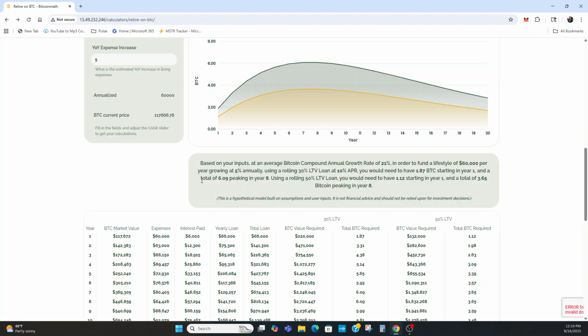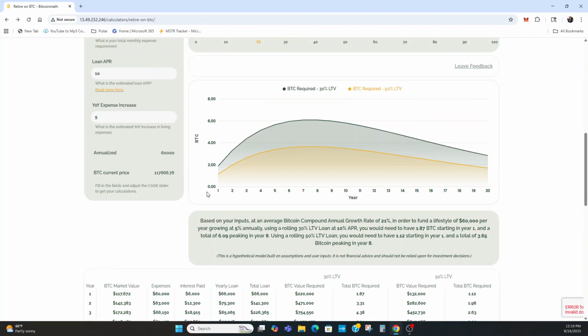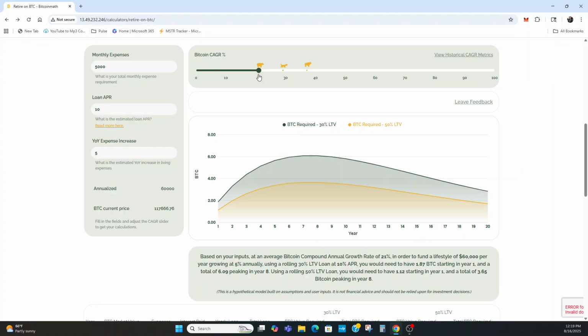And Bitcoin's compound annual growth means that your total amount of Bitcoin appreciates every year. So in our model where we've got 21% compound annual growth, that means my year one appreciation is 21%. My year two appreciation is 21% on my starting value plus the appreciation from year one. That's the compounding factor.